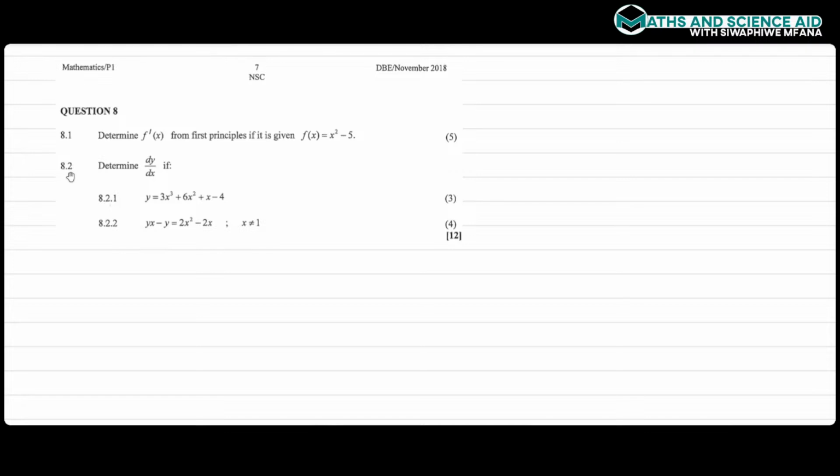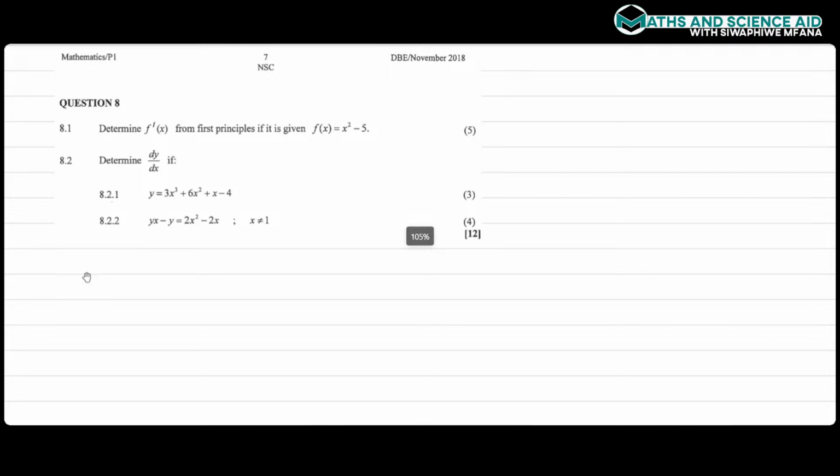Like for an example here with 8.2, you are looking for dy dx. So for the derivative of y with respect to x. But look on how 8.2.2 equation is provided to you. It means that before you do anything here, you need to make y the subject of the formula.